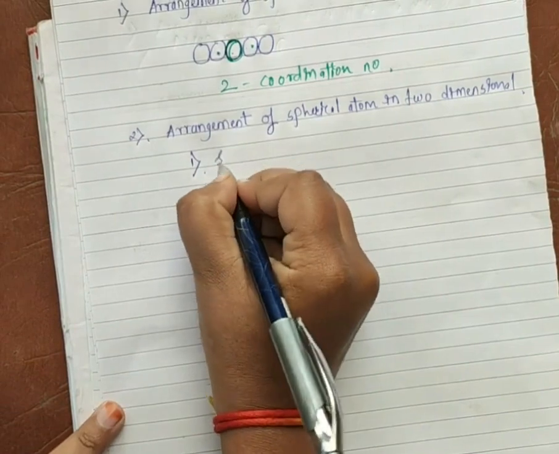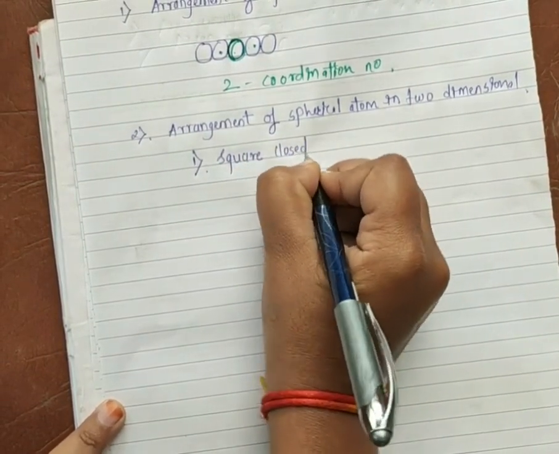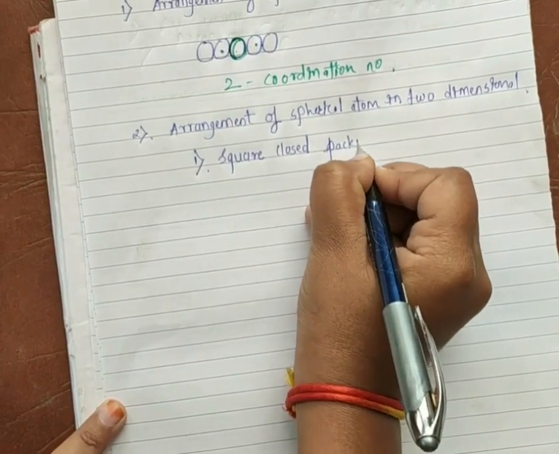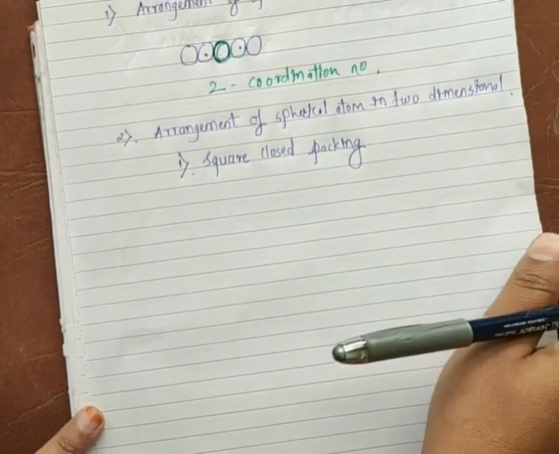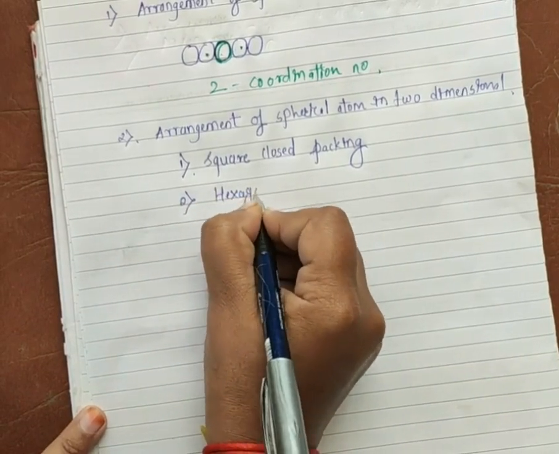The first is the square closed packing, and the second is the hexagonal closed packing.